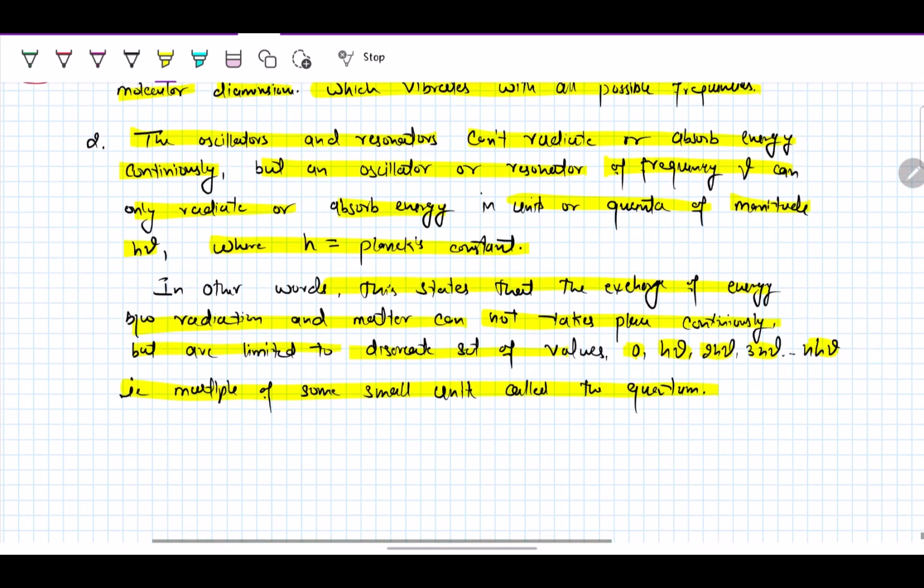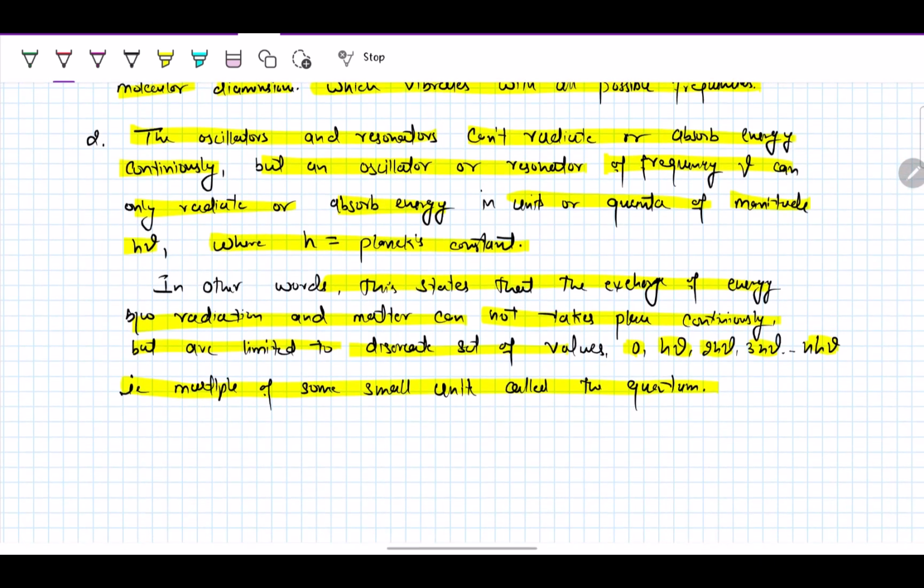Okay, so there is a derivation for this case as well for black body radiation explained by Planck's constant. Okay, so in the derivation we are just going to write down the final derived formula.